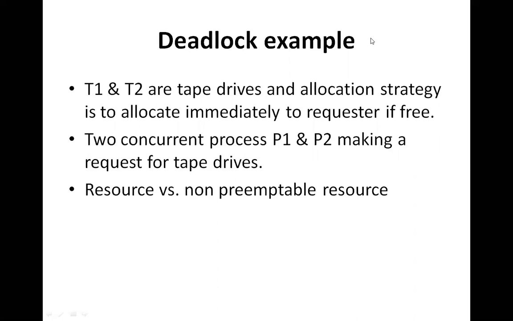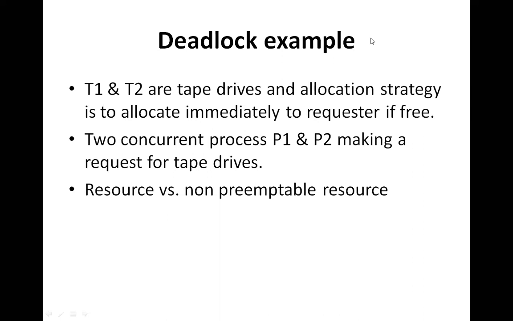A non-preemptible resource is one that cannot be taken away from a process to which it was allocated until the process voluntarily surrenders or releases it. If it is taken away, it will have an ill effect on whatever computation is being performed by the process.